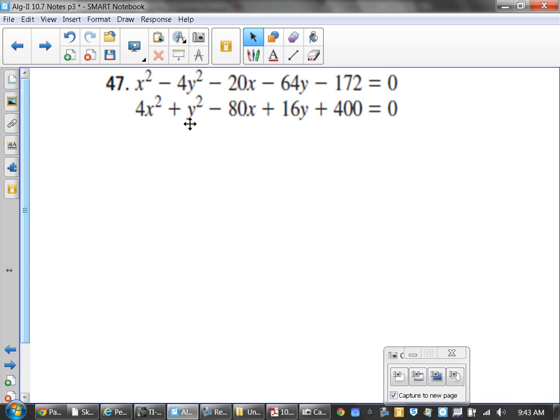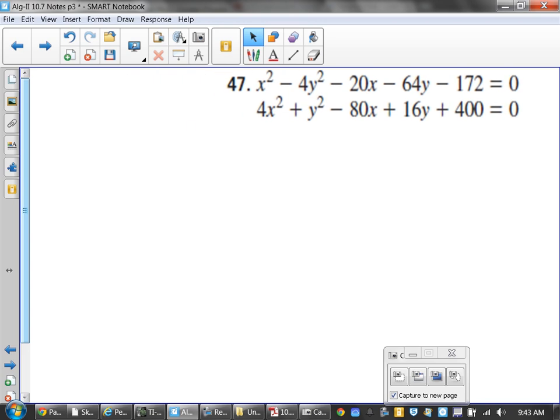One of the things I was hoping you would notice is to think back to when you were doing your stuff that was linear. When we had linear stuff, we had the same sign, same coefficient, we would subtract. Remember that?